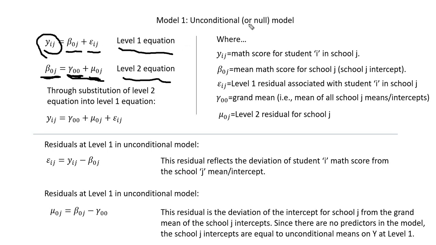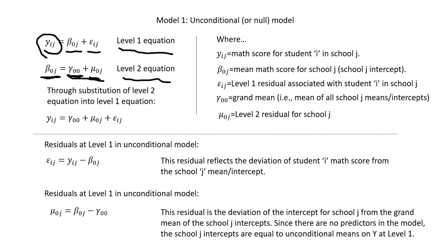Like I said, in this unconditional model with no predictors, the intercept is essentially the mean for a given school. We could talk about gamma 00, and throughout much of our presentation we're going to refer to it as the grand mean of intercepts, but in effect we're really talking about the grand mean of means at the school level.